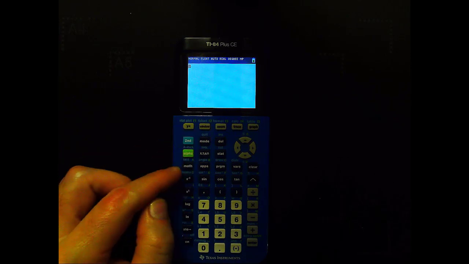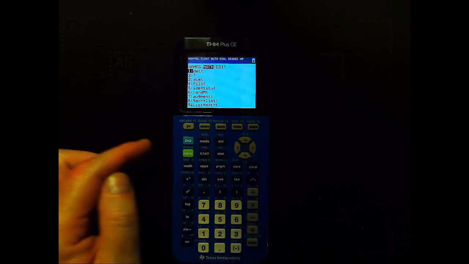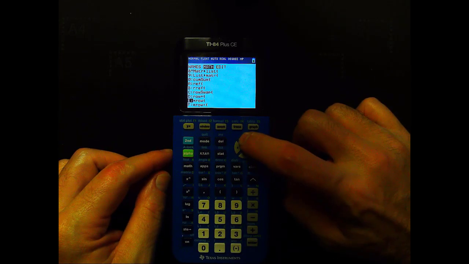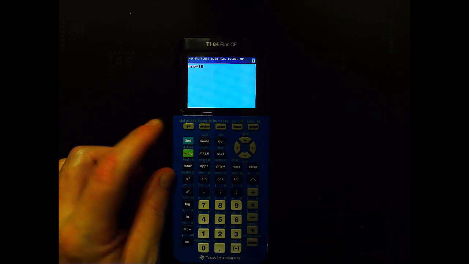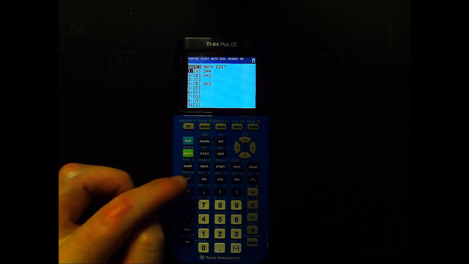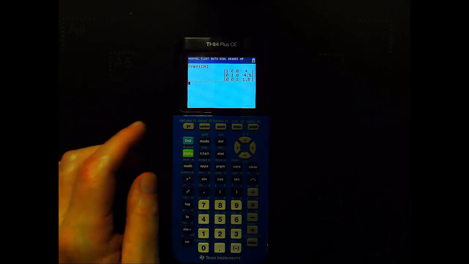We need to find the reduced row echelon form, so I'm going to go back to second matrix and go to math this time. I usually scroll up from the bottom to get to the reduced row echelon form, hit that, and then go back to second matrix. It's the first one, so I'll just press 1 and then hit enter.